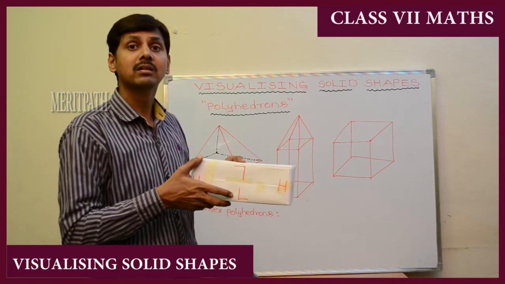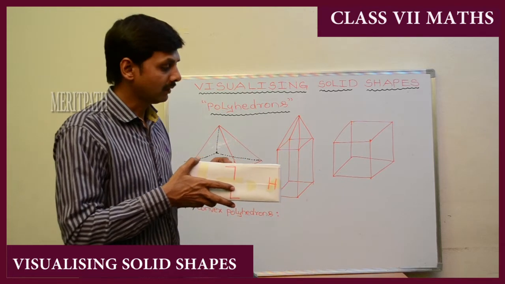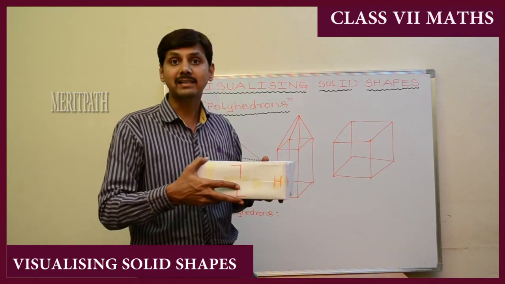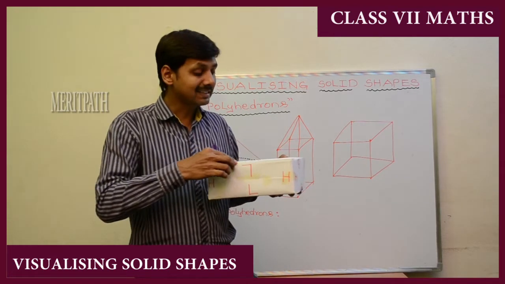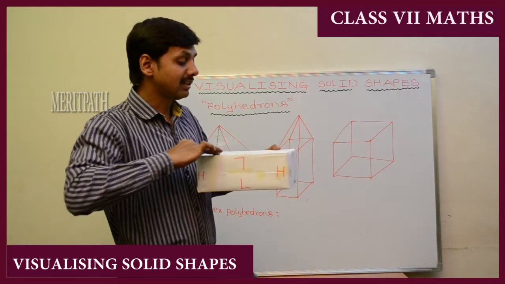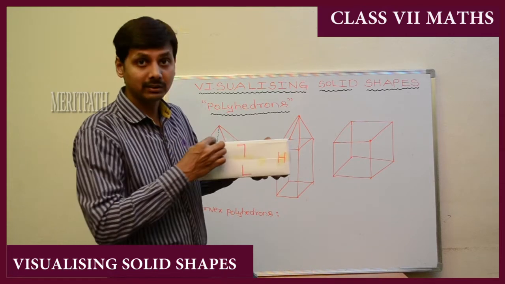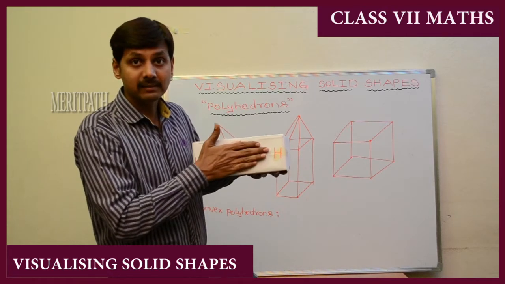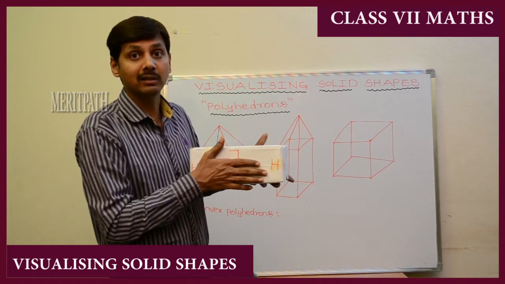So let's count the vertices, how many vertices it has. This is a face, and this is a side. We call this side an edge or corner. This is the edge, where the surfaces join together. This surface and this surface join together at the edge.